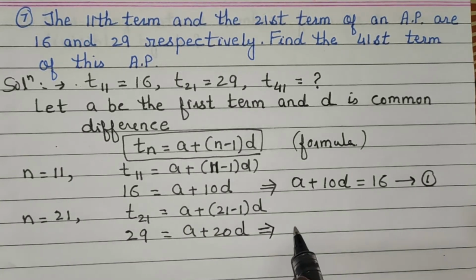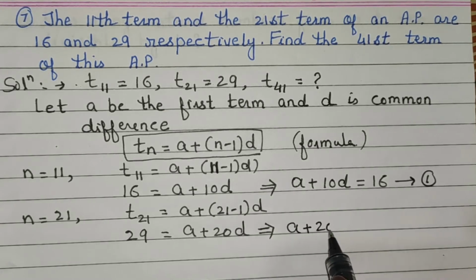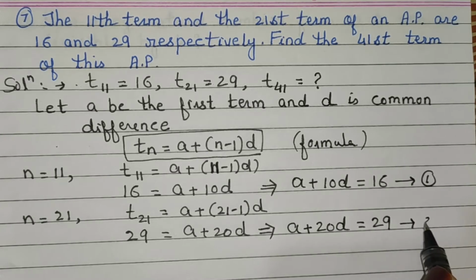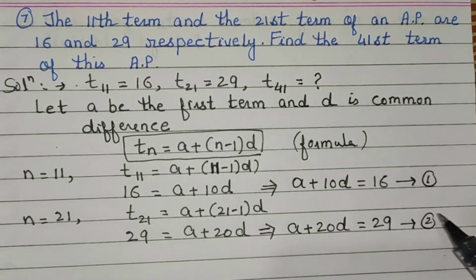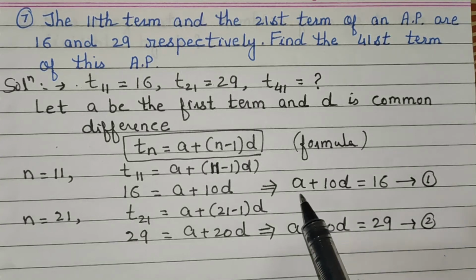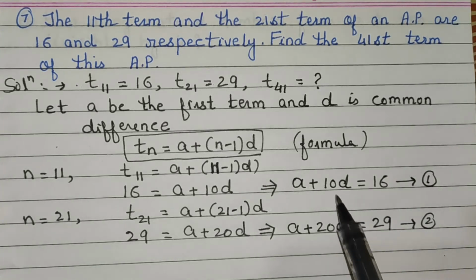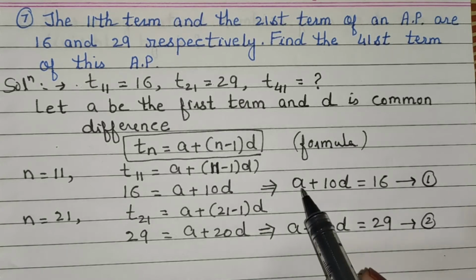It can be written as A plus 20D is equal to 29. Give it equation number 2. Now look at equation 1 and equation 2 carefully. It is in the form of variables A and D. Therefore it is a simultaneous equation. Simply solve it and find the values of A and D.